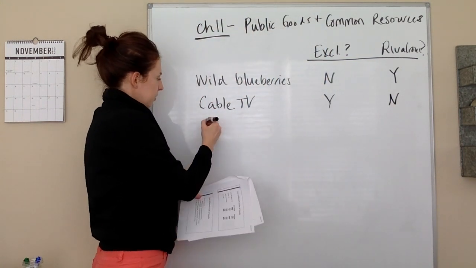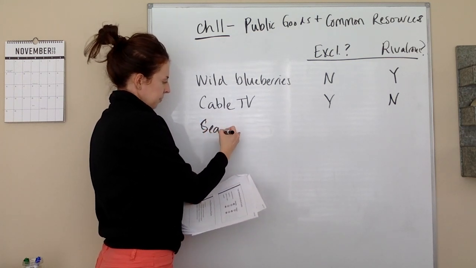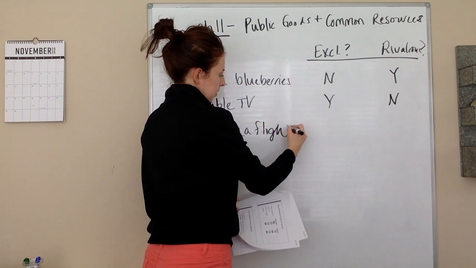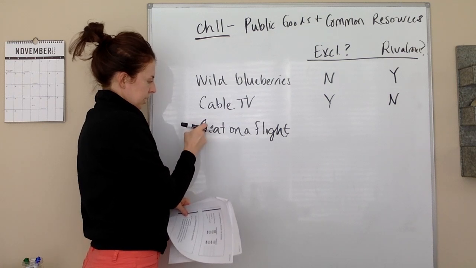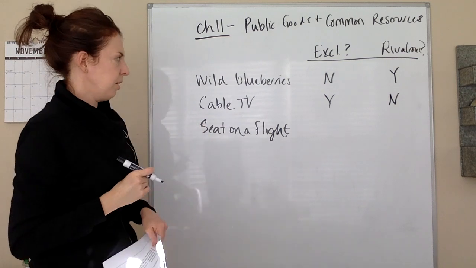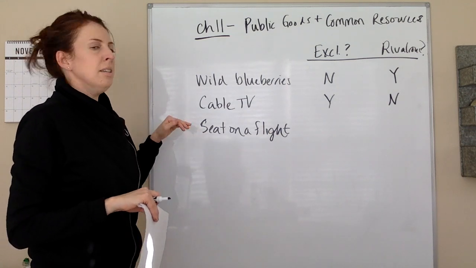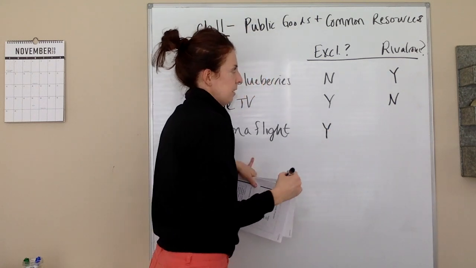Okay, another example is a seat on a flight. Suppose you want to fly to Denver, you have to buy a ticket, and that ticket affords you a seat on the flight. Is that seat on the airplane excludable? Definitely, because unless you buy the ticket, you don't get that seat.